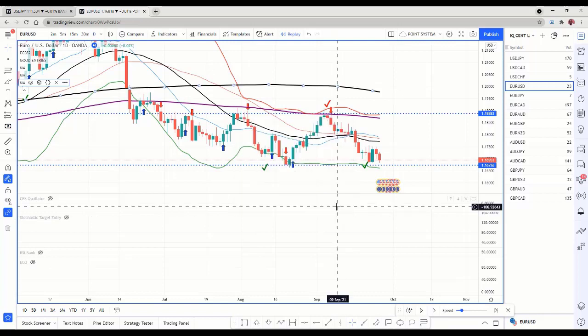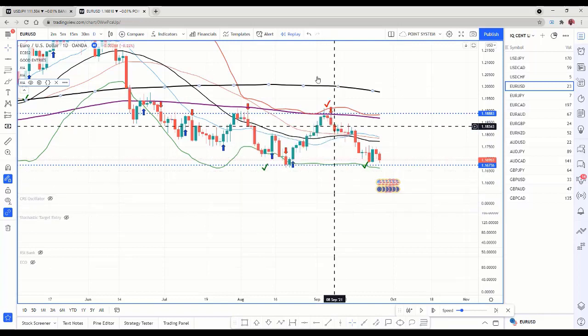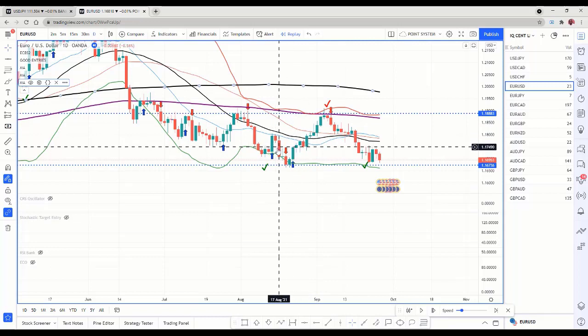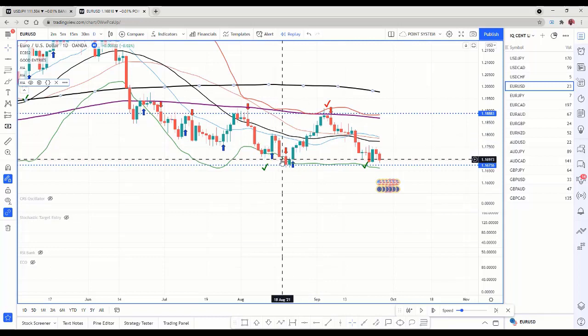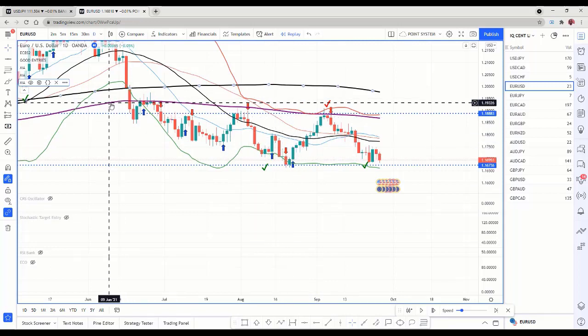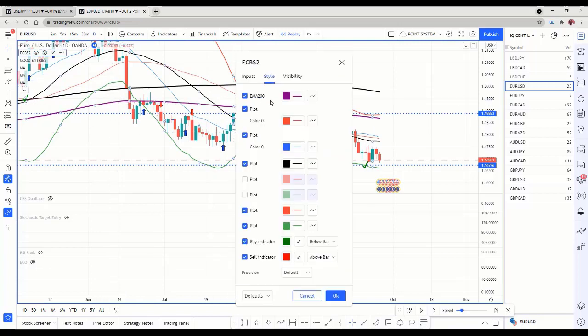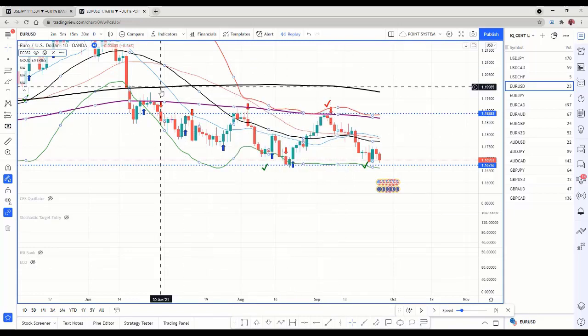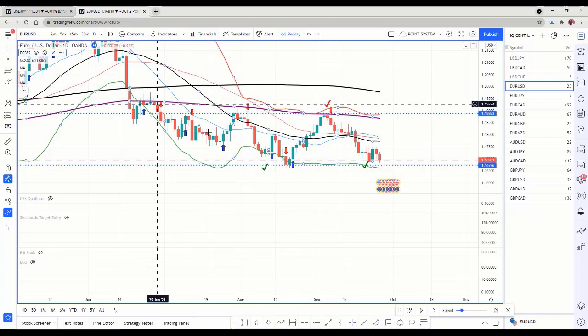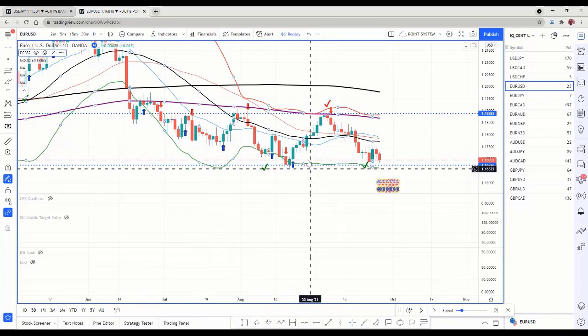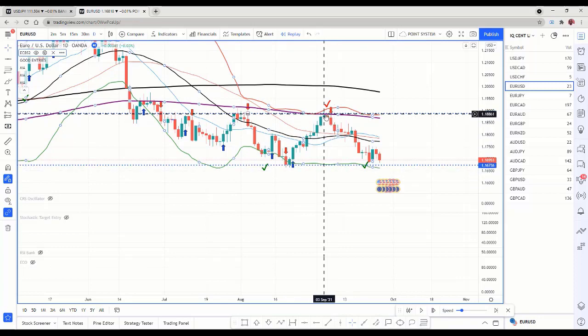Okay, if you look at this very well, you can see that now this is what. This is actually also the 200 moving average from Cabral. Now I've actually drawn my points of support and resistance.